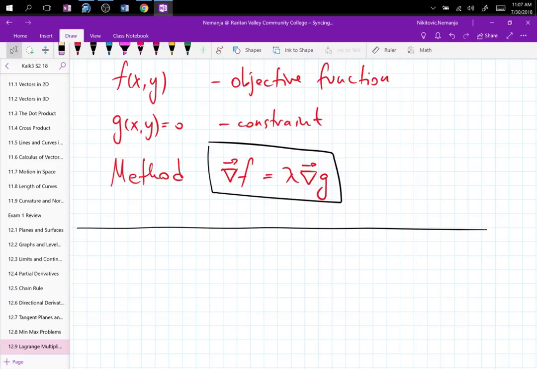Those are the vectors. So they will always produce the number of equations equal to the amount of dimensions. And then you also have lambda, which is another variable. But luckily, you also have a function g, right? So that's an extra equation. So you will always have exactly enough equations to find the amount of variables.